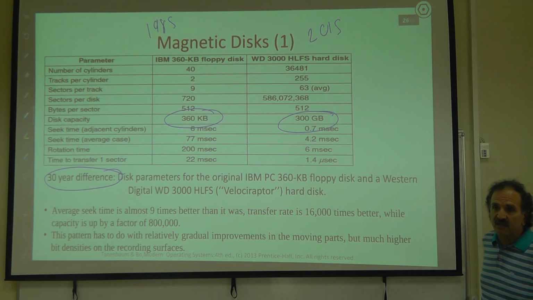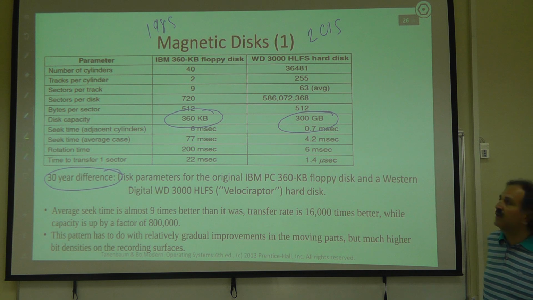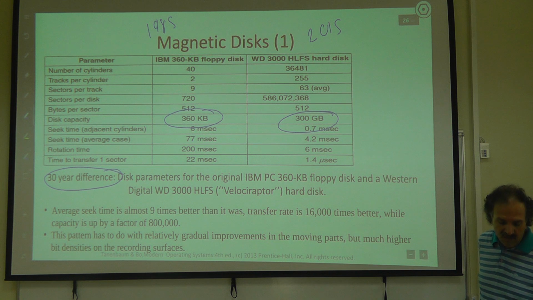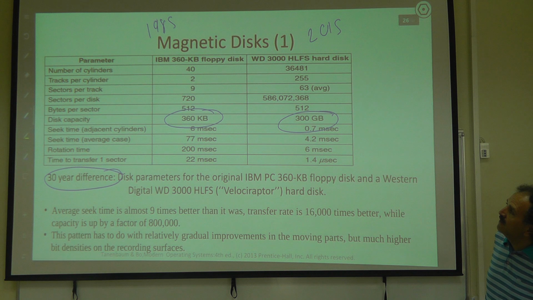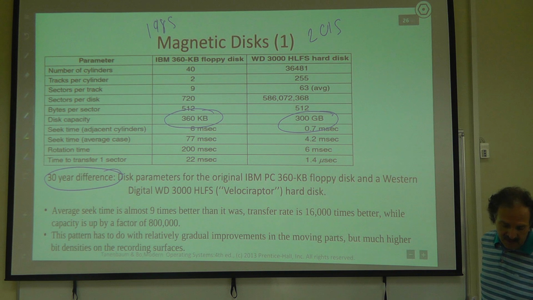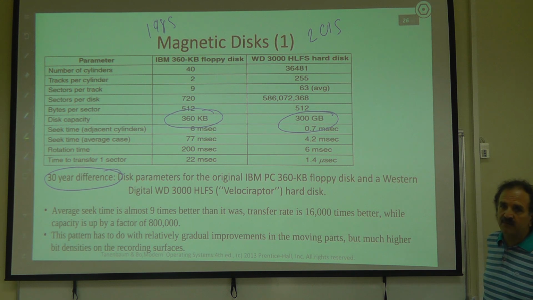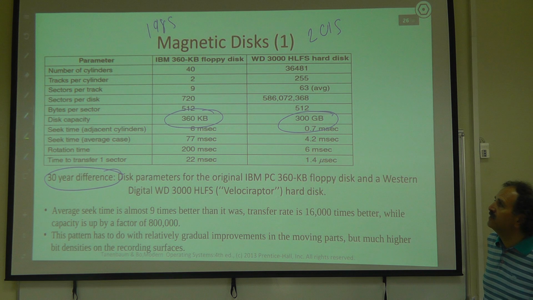In those days, it was a very, very high capacity drive actually. Number of cylinders is 40. There are 40 cylinders on a disk. And this one has almost 40,000. This is almost 1,000 times more cylinders.